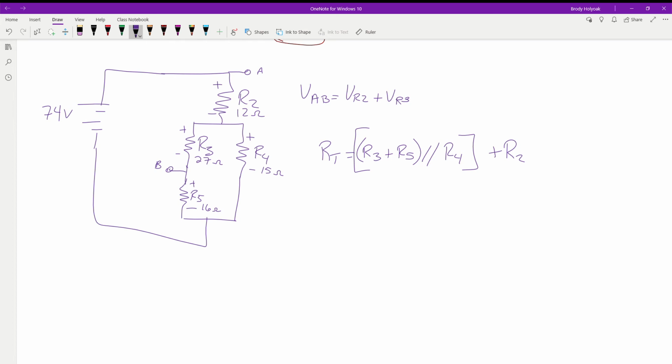So R3 plus R5 is 27 plus 16. That gives us how many ohms? 43. We have 43 in parallel with 15. We should see somewhere in the neighborhood of about 8, 10.